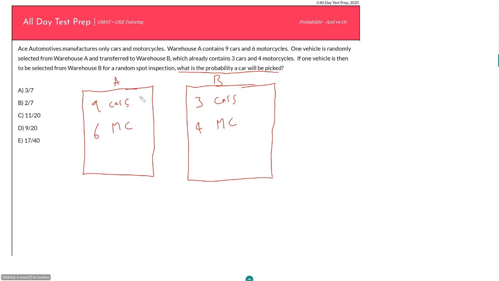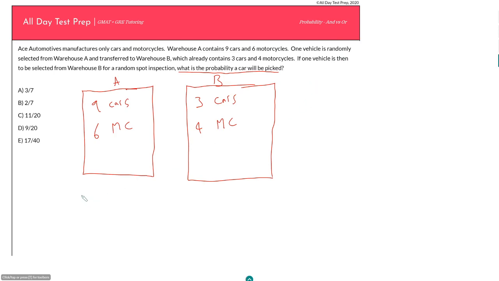It depends on what was selected from Warehouse A. So the probability that I pick a car from Warehouse B depends on 2 things: whether I select a car from Warehouse A or I select a motorcycle from Warehouse A. But between those things, that should represent 100% of my options for how I can select a car from Warehouse B. And so those are the only 2 things that I need to take into consideration.